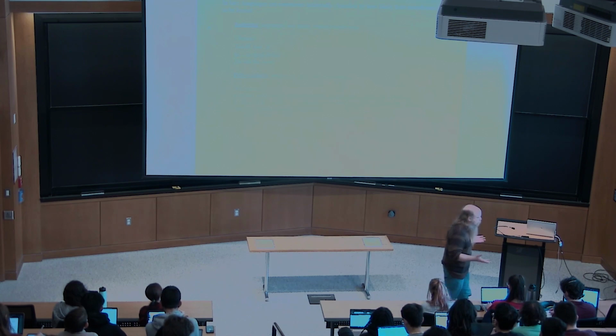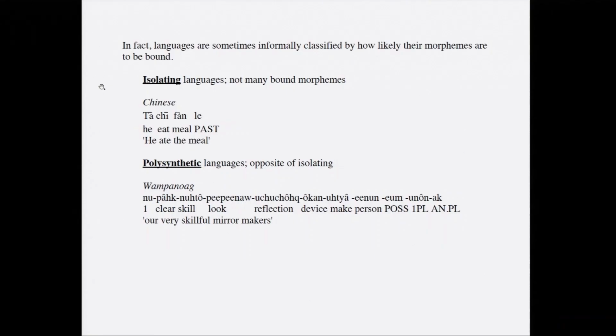There are languages out there, Mandarin is sort of the poster child for this, that just are not into bound morphemes. So all of the morphemes are free. They don't have to be attached to anything. So Chinese, "he ate the meal," consists of 4 freestanding words. It doesn't have prefixes or suffixes mostly.